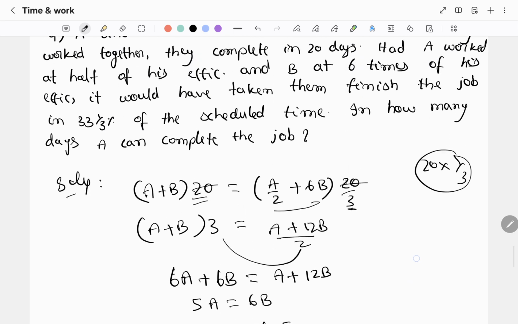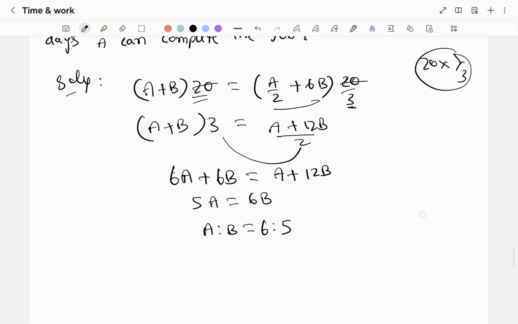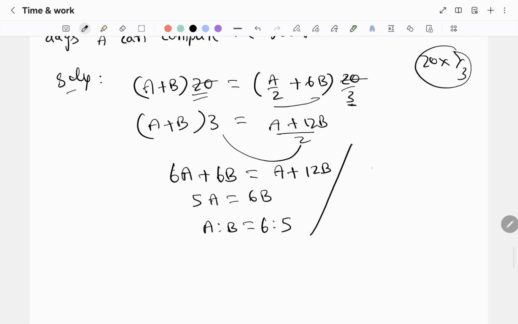Now what they are asking, in how many days A completed the job. So to find that, time taken by A is equal to work by efficiency. What is work? First of all, work is equal to time into efficiency.